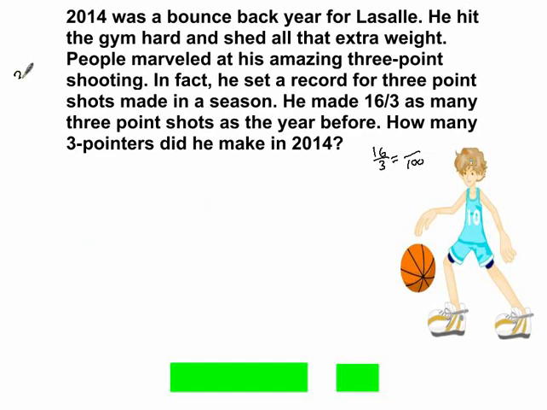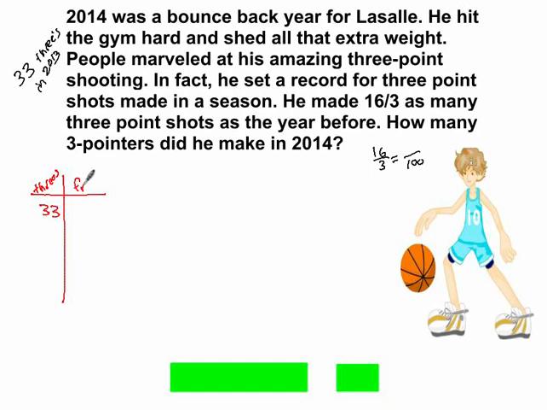So let's continue to say he made 33 threes in 2013. So I'm going to show one way using fractions in it. And I'm going to say threes. And let's say he made 33 threes.